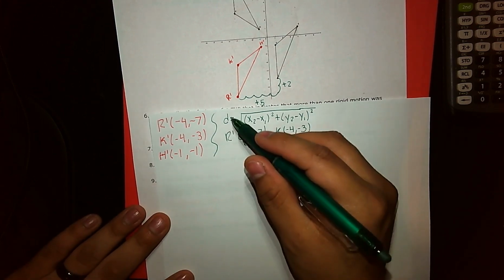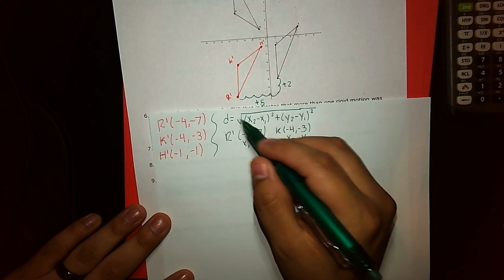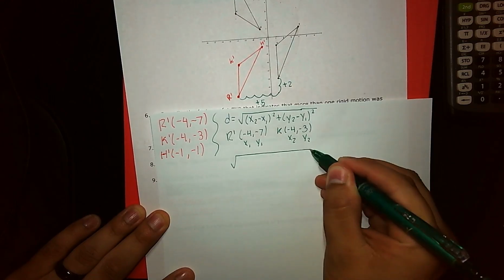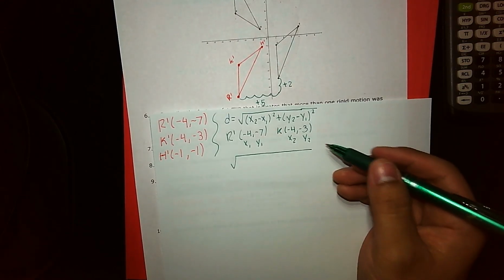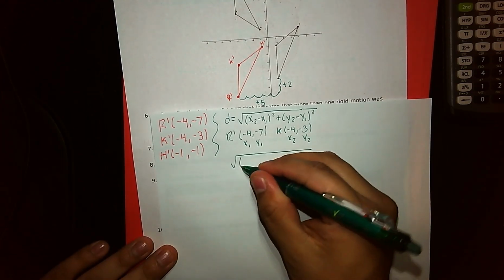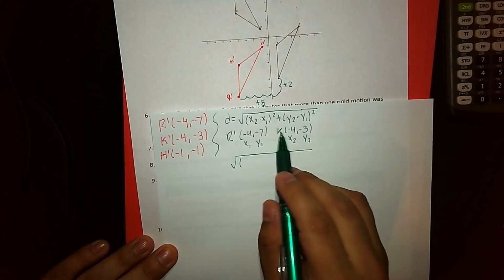I'm not going to hold on to the variable d here, because I know that this whole thing is going to equal the distance. So I'm just going to carry the square root. So let's plug in. You should start with your x2, which is -4.